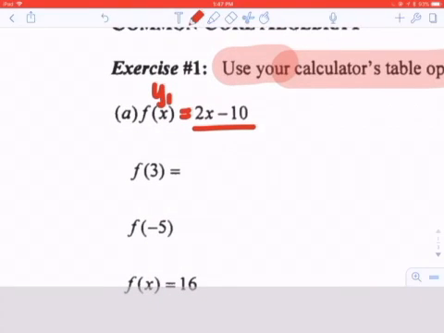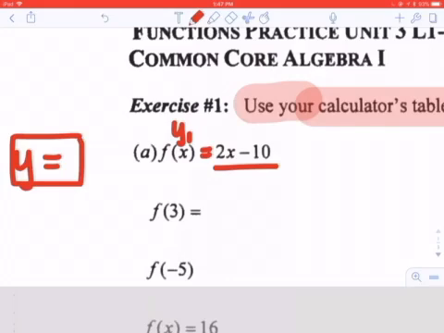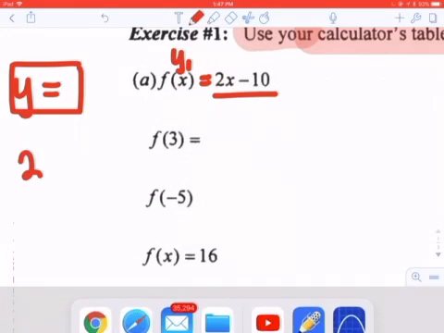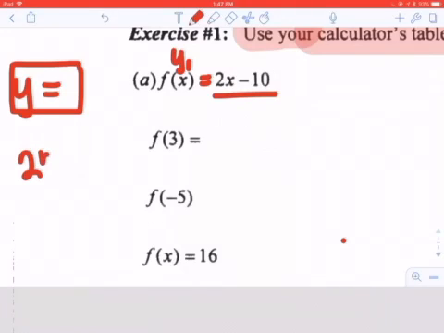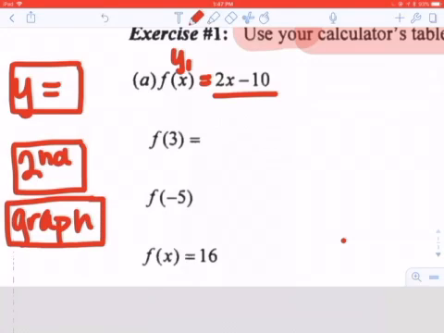Then you go to your table, which you get from second graph. So it's the y equals button to type in your formula, and to get values from your table, it is second graph. The y equals button and the graph button are along the top row right under the graphing window screen.